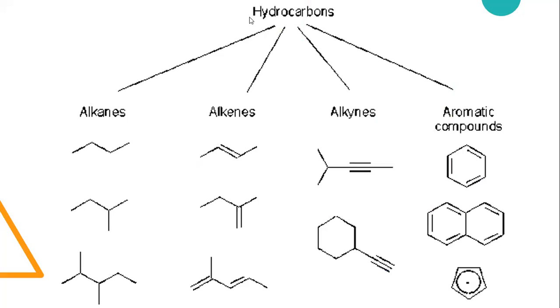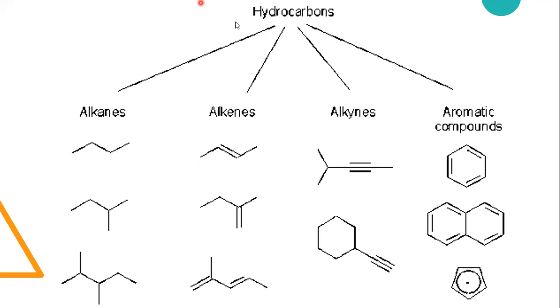So the basic hydrocarbons that we have are the alkanes, the alkenes, the alkynes, and the aromatic. When we say alkenes, it contains at least one double bond in its composition. Alkynes contain at least one triple bond in its composition.